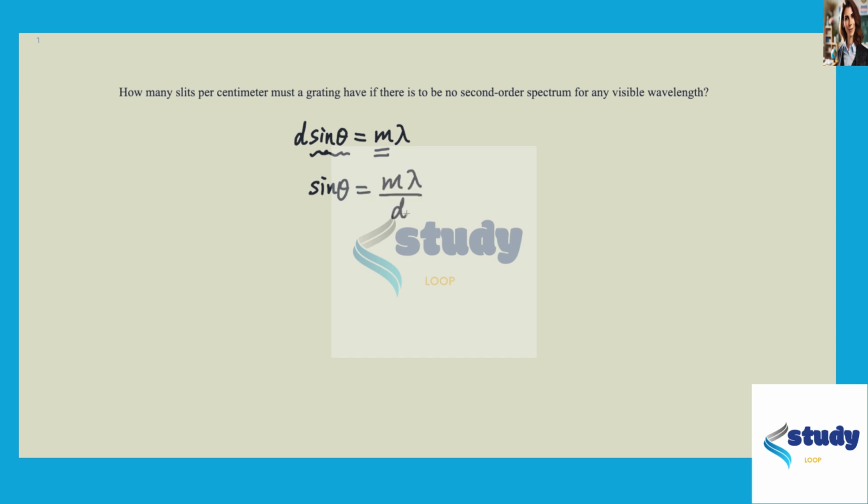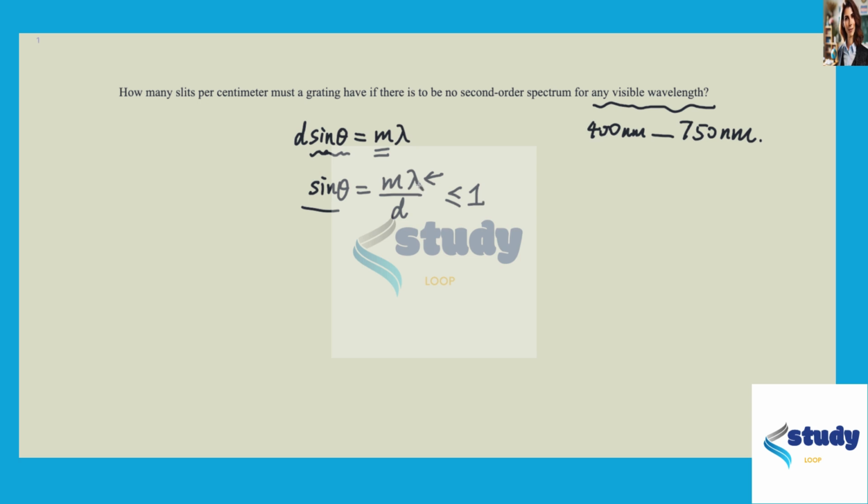What we need to know is what lambda we should be using. This question says we cannot see m equals 2 for any visible wavelengths. The wavelength range for visible light is around 400 nanometers to around 750 nanometers. Since sine theta has to be smaller than or equal to 1, the smaller the lambda, the larger the m.